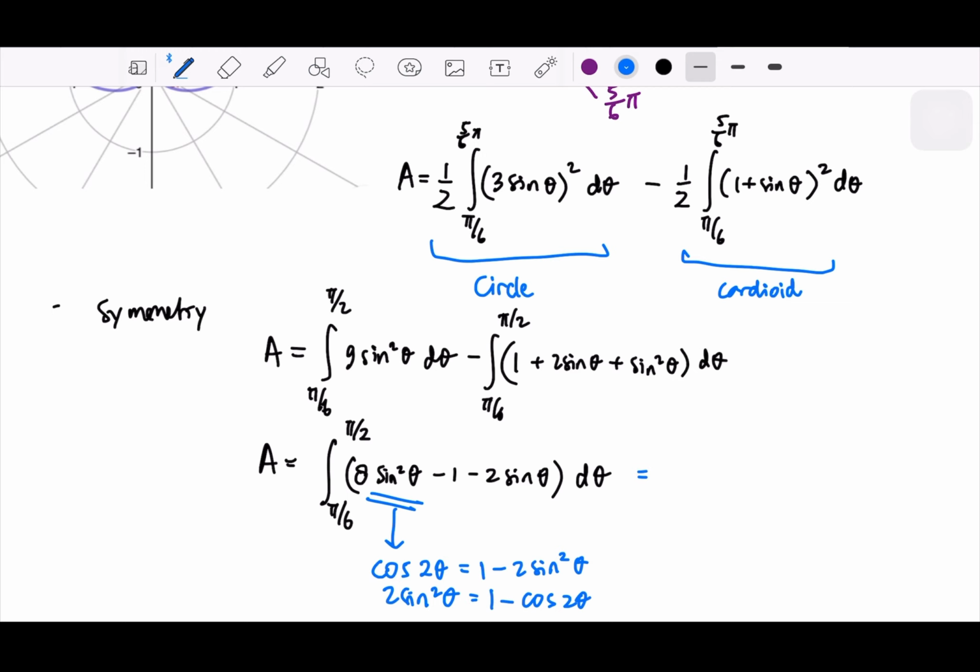Or we can write, this will be 3 minus 4 minus 2 sine.